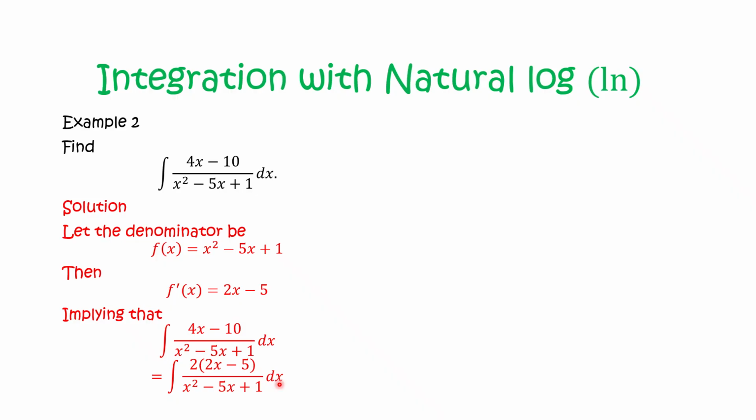So the 2x minus 5 is being multiplied by the 2 divided by the same denominator, x squared minus 5x plus 1 dx. Now take note, we can move out the 2 or leave it the way it is because we identify something that in the numerator we have the derivative of the denominator. The only thing is that it's being multiplied by a certain constant, which is 2 in our case.